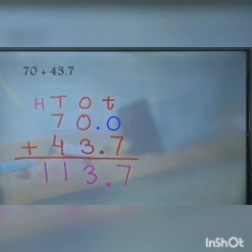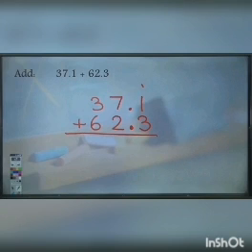Now let me recall all these steps again. That is to write one below the other according to their place value, and then start from the rightmost place and add the different digits. Now let us add these two numbers, that is 37.1 plus 62.3.